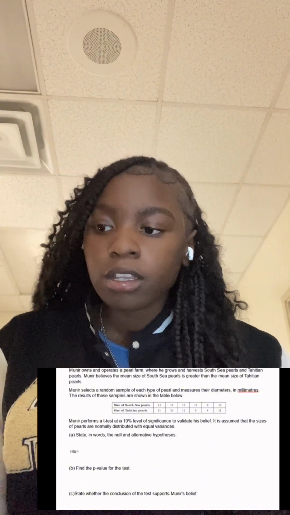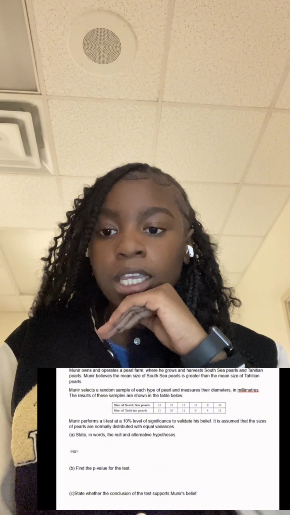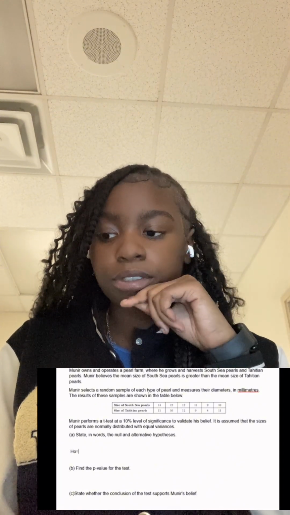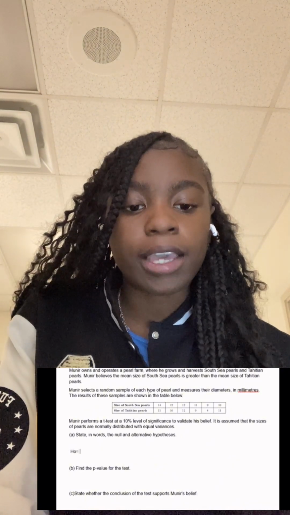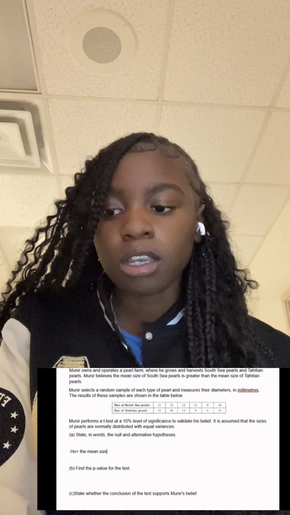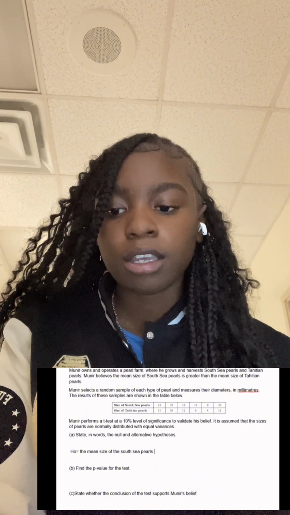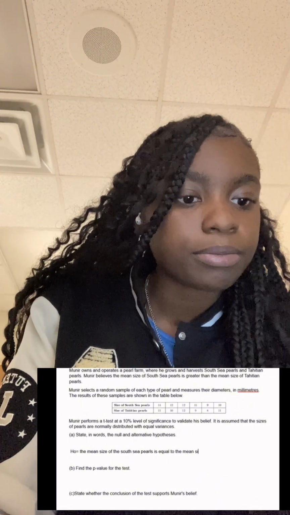So for this t-test, we are comparing the mean size of the South Sea pearls and the mean size of the Tahitian pearls. So our H0 would be the mean size of the South Sea pearls is equal to the mean size of the Tahitian.